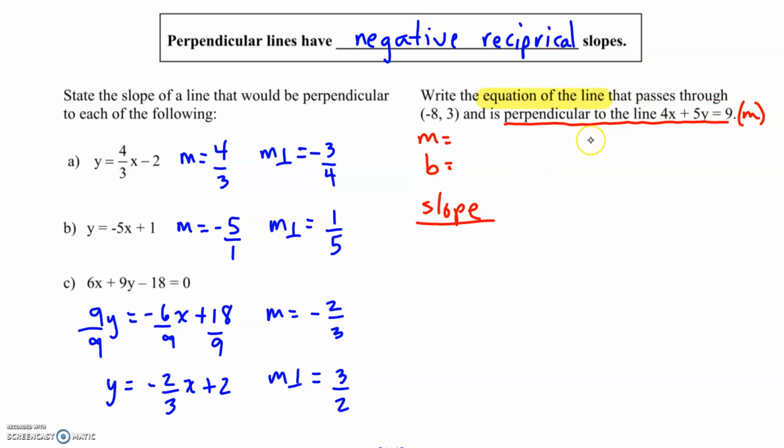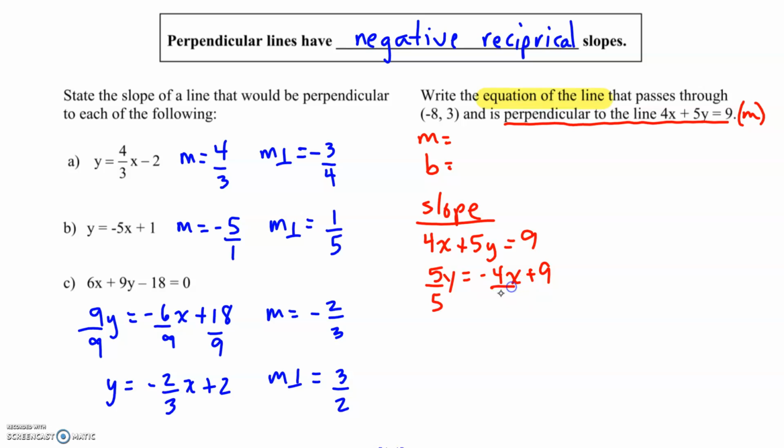We're going to write down 4x plus 5y equals 9 under slope, because this is what helps us get the slope. Okay, my line is perpendicular to this, so I need the slope of 4x plus 5y equals 9. So I need to rearrange it into mx plus b form. So 5y will stay, and -4x will come over. 9 is already on the right, so it stays positive.